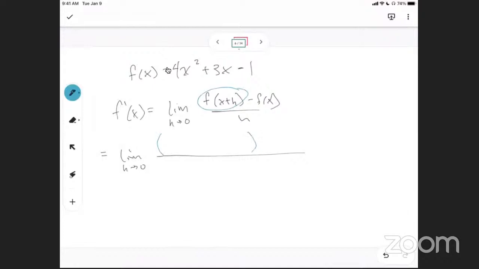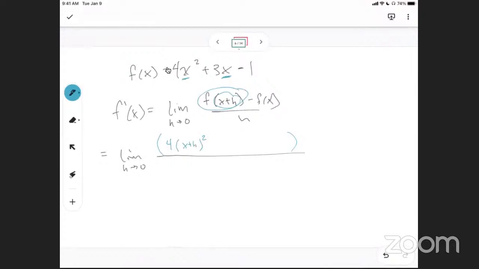I might need a little more space than that. Do you just put x plus h in for the x? Yeah, exactly. So write 4, and then don't forget to write parentheses, x plus h squared. Now what should I write?